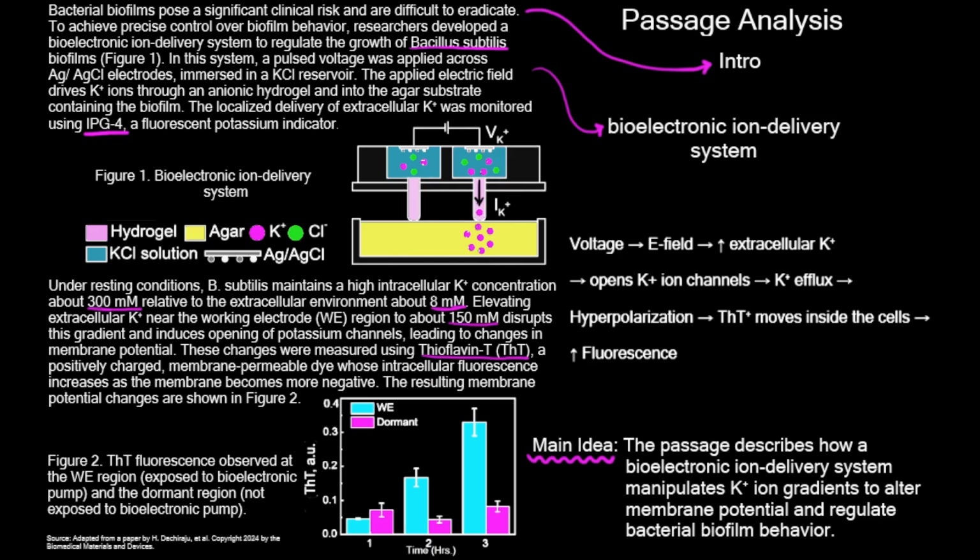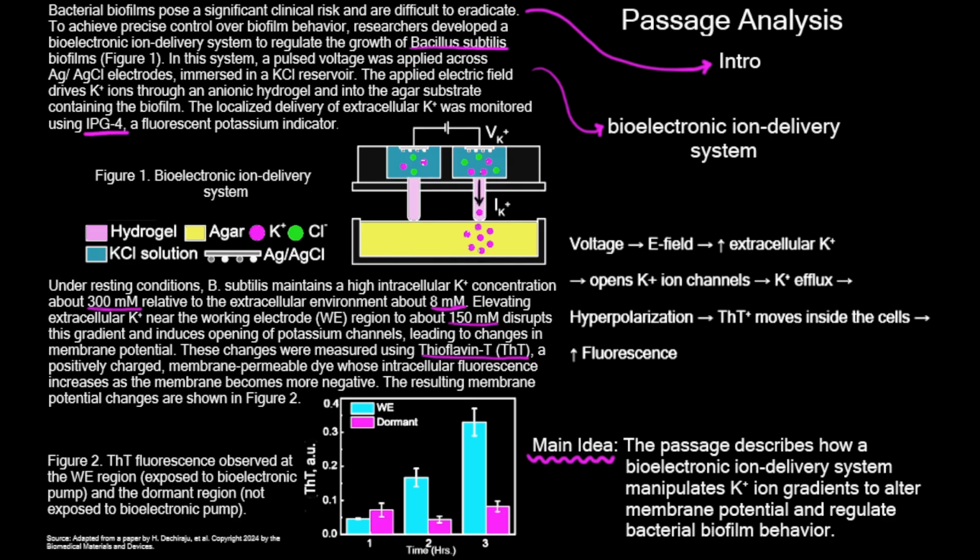The passage says that the results of this experiment are presented in figure 2. The main idea of the passage is that it describes how a bioelectronic ion delivery system manipulates the K plus ion gradient to alter membrane potential and regulate bacterial biofilm behavior.